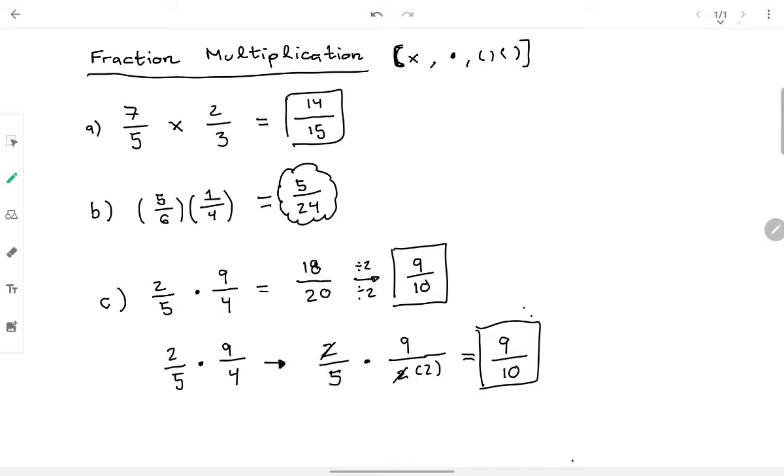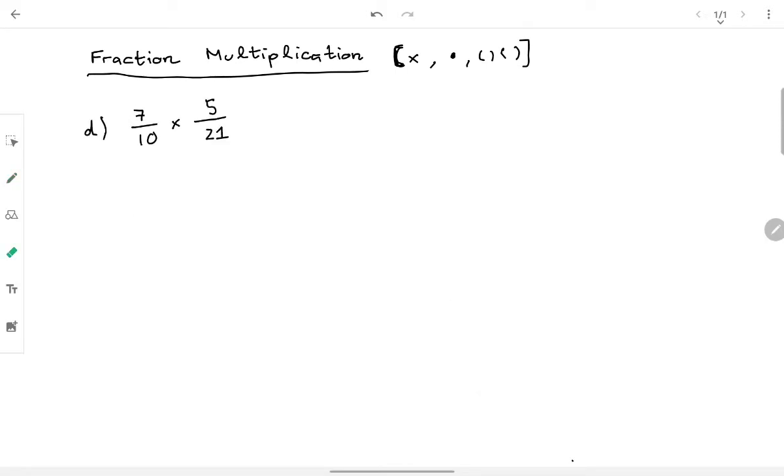Let's see another example. If we have 7/10 multiplied by 5/21, we will use both ways. We will first multiply and then simplify, and also first simplify and then multiply. So if we first multiply, we will get on the top part 7 times 5, that will be 35. 10 multiplied by 21 will give us 210.